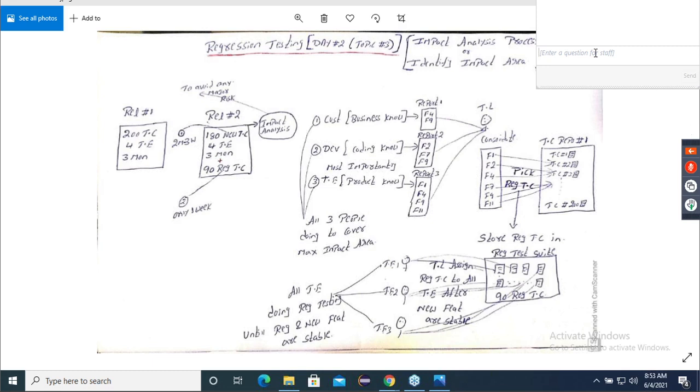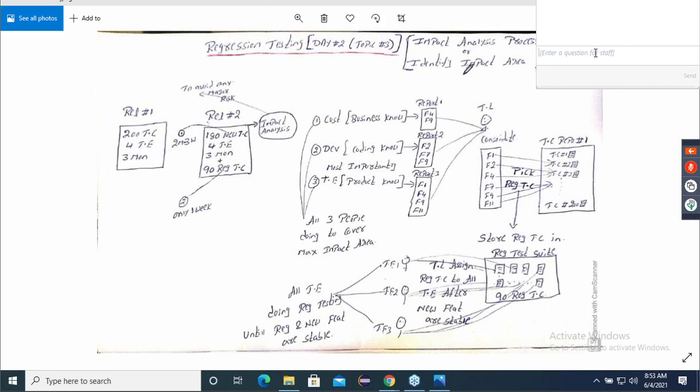Now, I am teaching you a topic called impact analysis process, or how to identify the impact area, or how to pick the regression test cases. Is it the same or not?